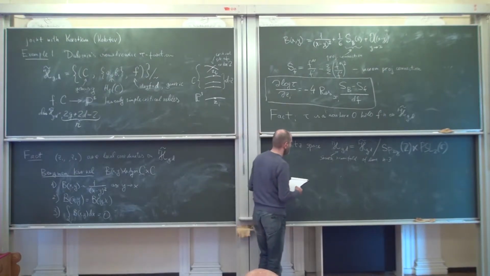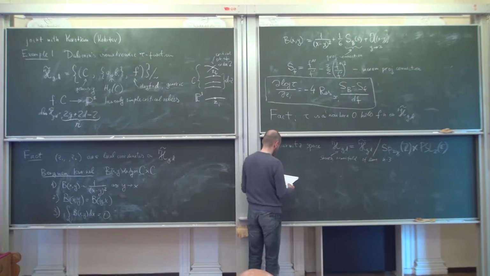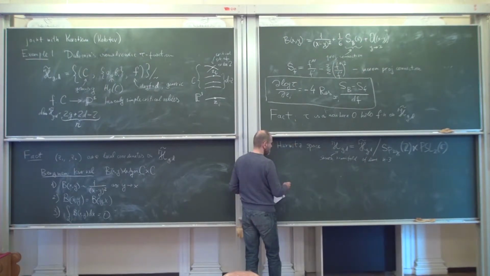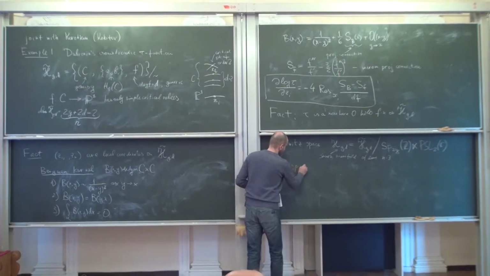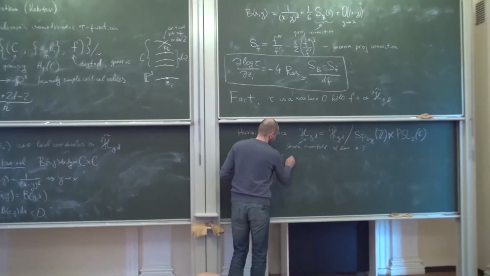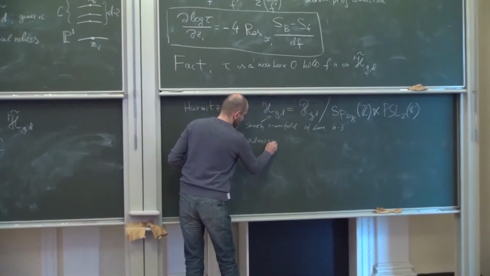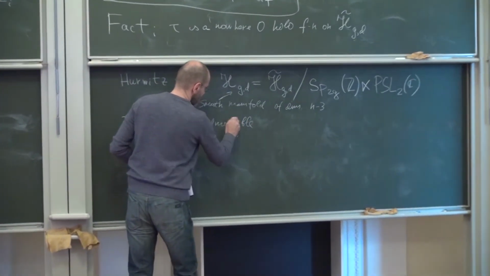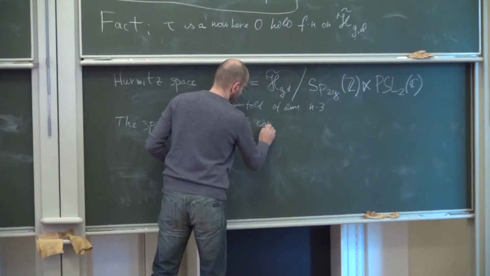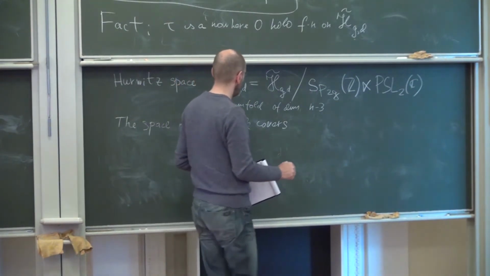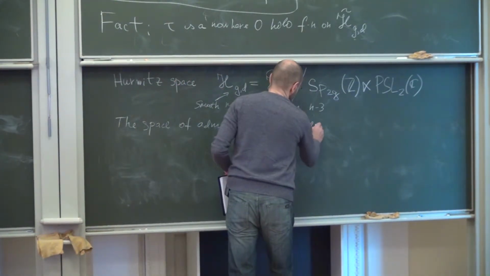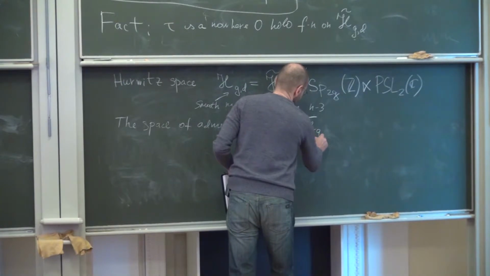Okay, so now we want to compactify this space, and there is a natural construction that is called compactification by admissible covers. So the space of admissible covers is denoted by H bar GD.